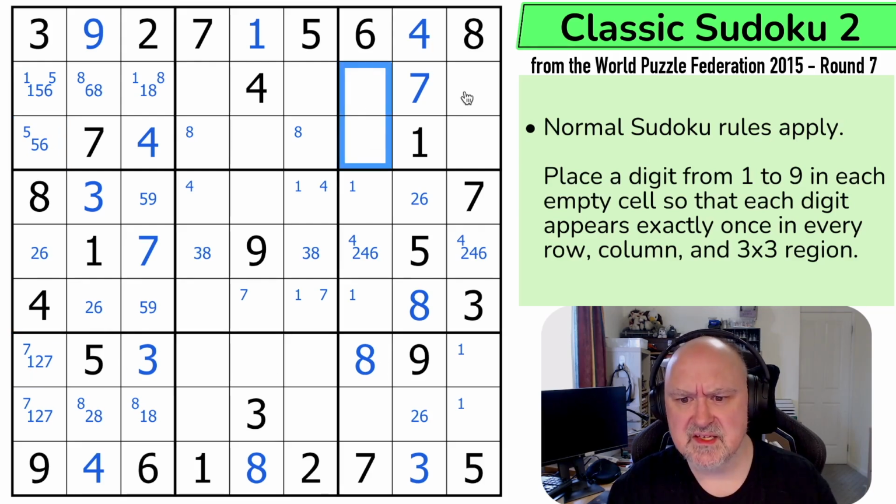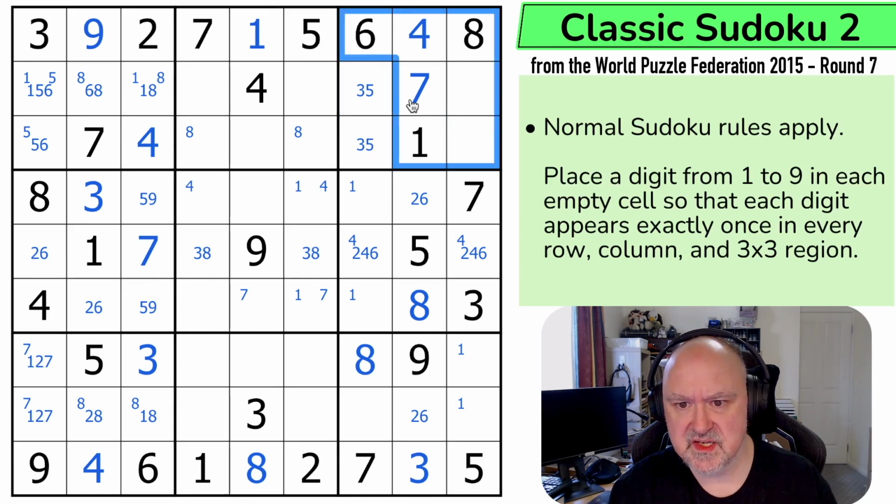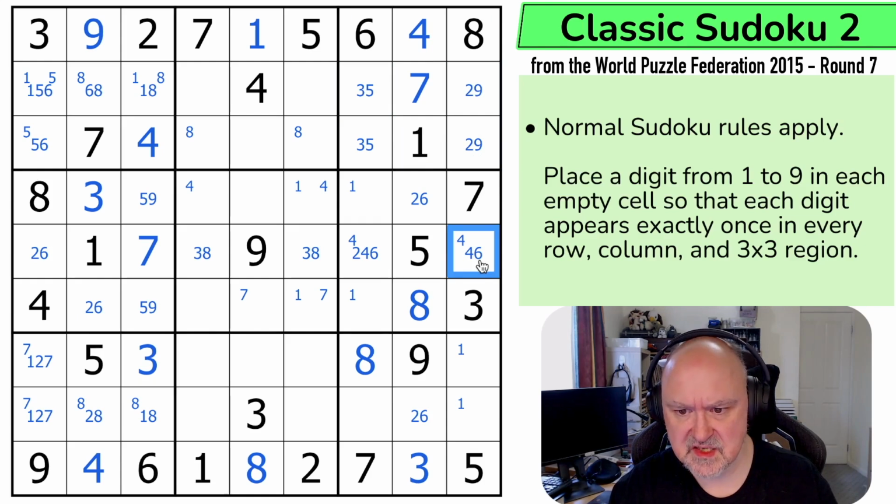So what are these? 3 is in one of those 2. 2, I'm not sure. This is a 3-5 pair, because 3 and 5 need to go into this box, but there's a 3 and a 5 looking up. So these are 2 and 9, which means this isn't a 2. These are from 1, 4, 6 and must contain a 1, but the 2 and the 9.